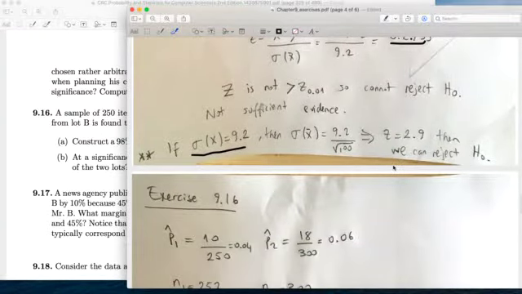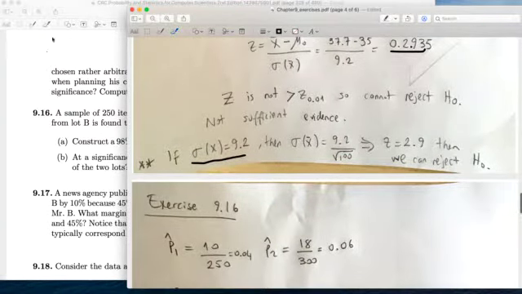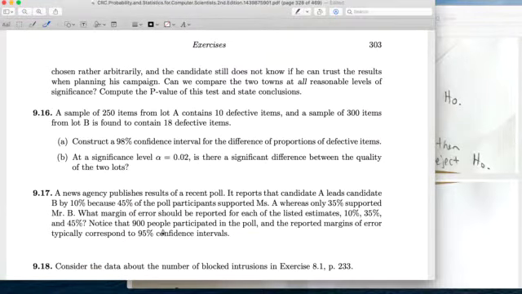All right, 9.16. It's about proportions, significance levels or confidence levels of proportions. So in 9.16, we are actually comparing two different populations and the difference between two proportions.